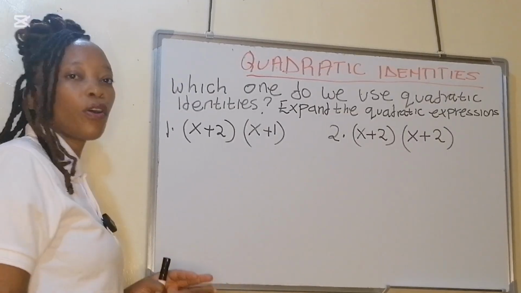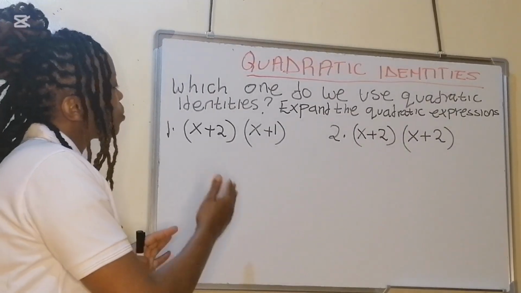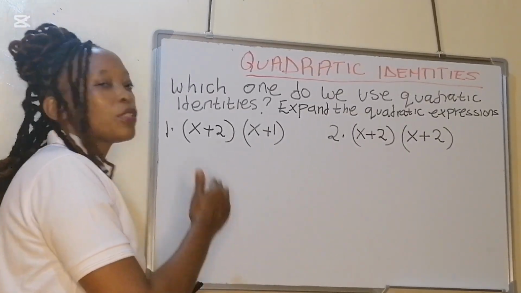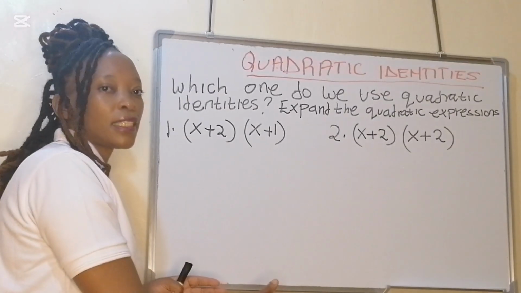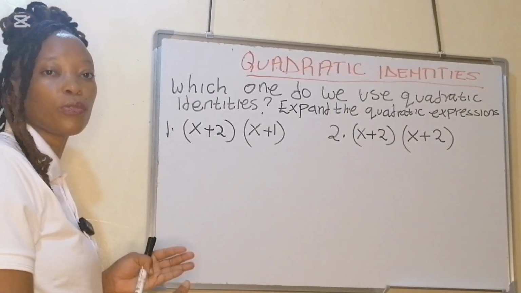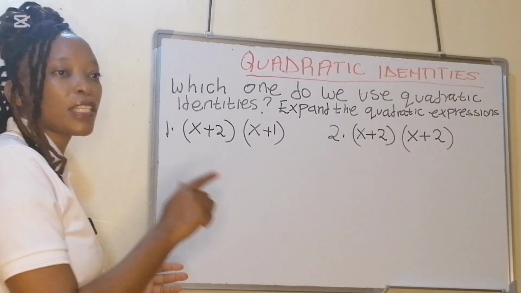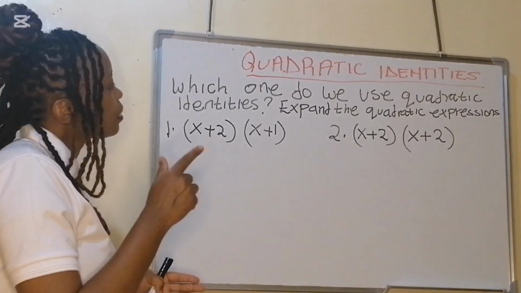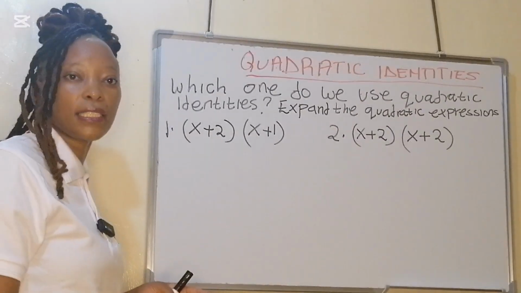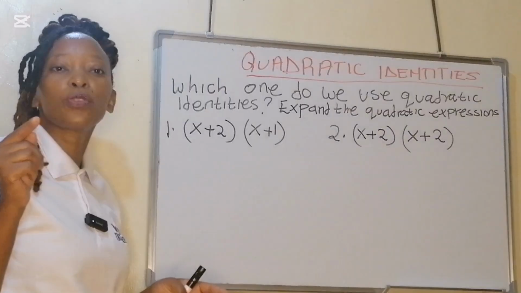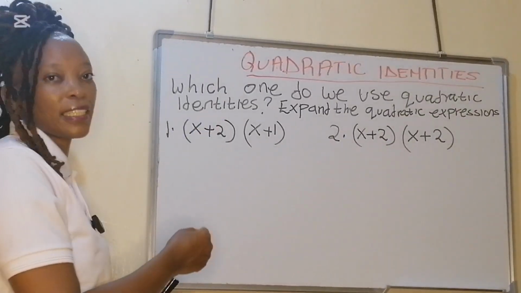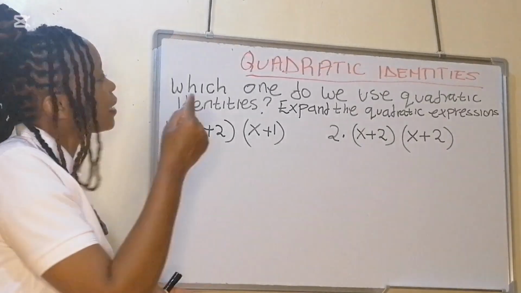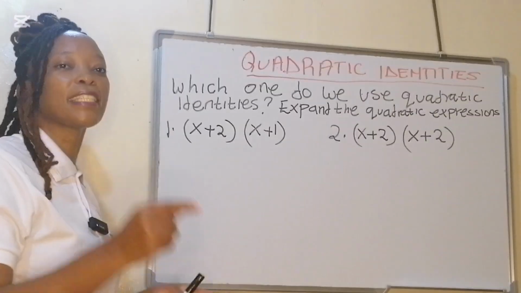Okay? So let me help you identify which one we use quadratic identity on and which one we don't, so that when you are given a question, you are able to identify if you are supposed to use quadratic identity or not. Because if you try to use quadratic identity and you are not supposed to, you will not get the answer.